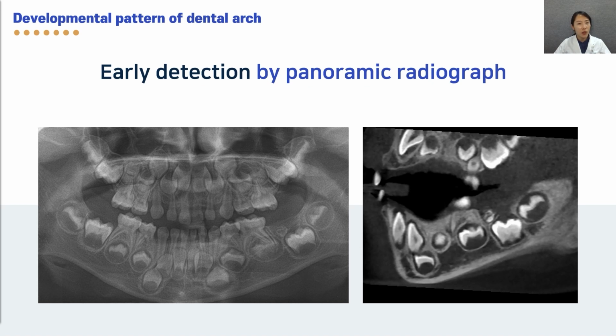But if we catch any abnormalities in the early stage, the additional orthodontic treatment and surgery such as window opening for orthodontic traction shown in the previous slides may not be necessary. In this 4-year-old boy, radiopacity is shown above the left mandibular first molar. In the CBCT images, we can also see the lesion in detail.